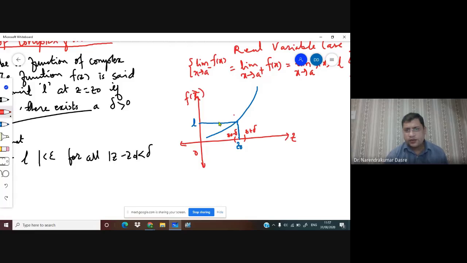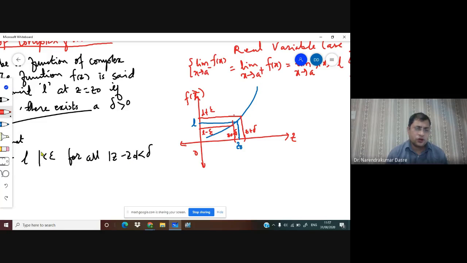What you will have here, you can see this distance: this is going to be L plus epsilon and this is going to be L minus epsilon. So the value will always be in the neighborhood of L when you have z in the neighborhood of z0.